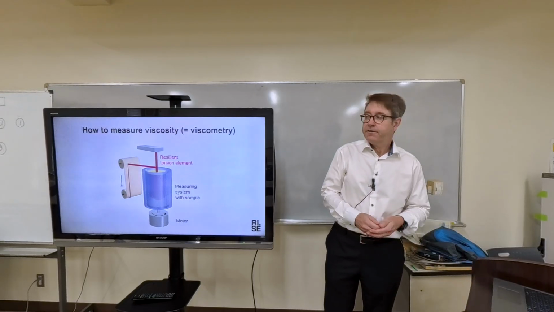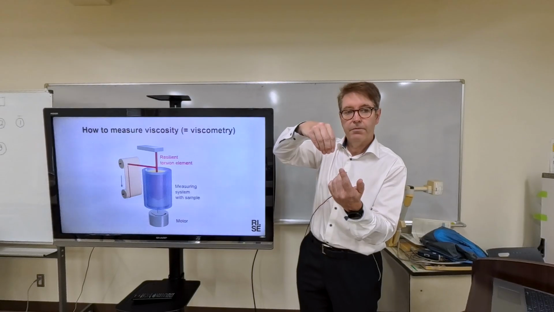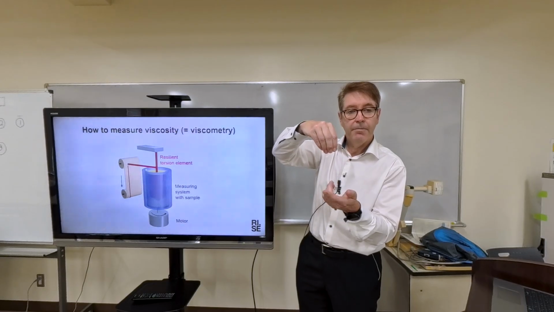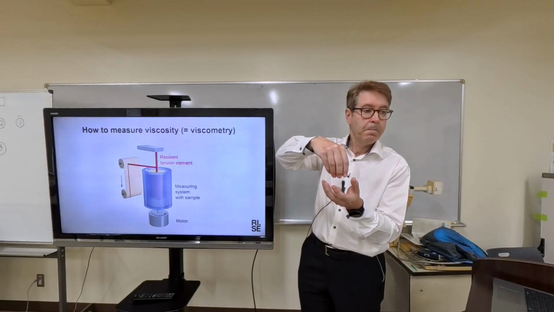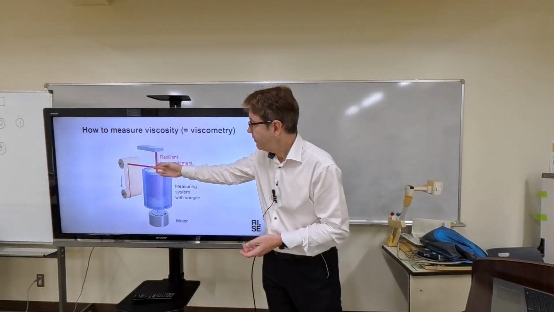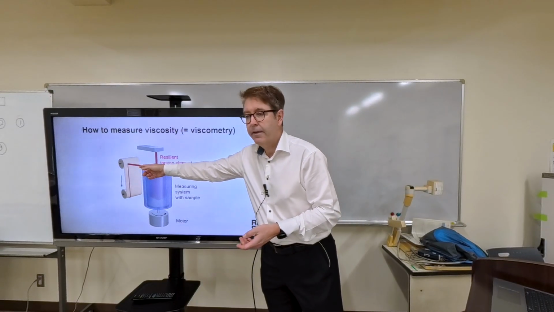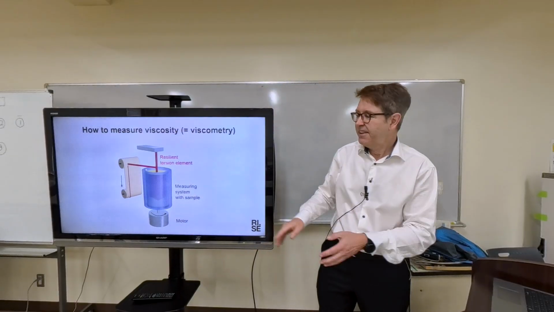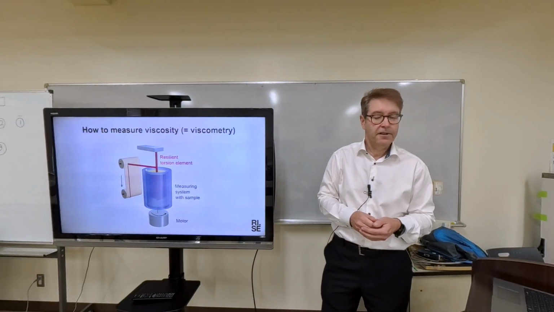And you measure it usually in this way. You fill your fluid in a cylinder, you put another cylinder in between, then you rotate one of them, and then you measure the force that is transmitted to the second one. If you have a thick fluid, this will move more, and then you can have a high reading of the viscosity. This is just the principle. In reality, it's of course a lot of electronics and sensors.